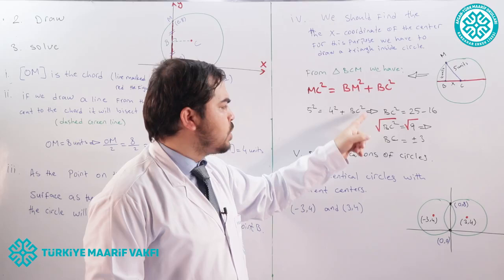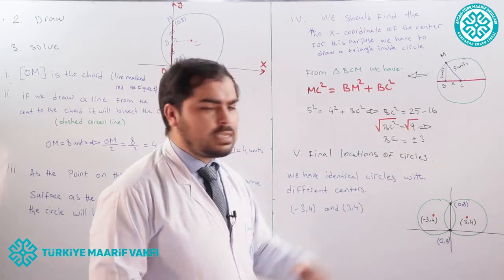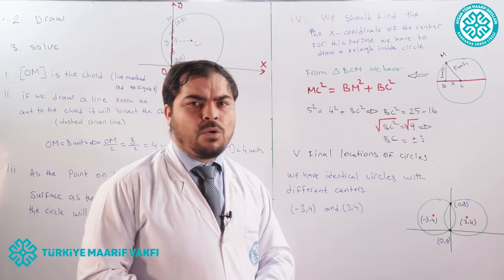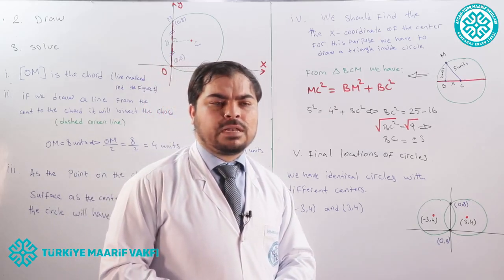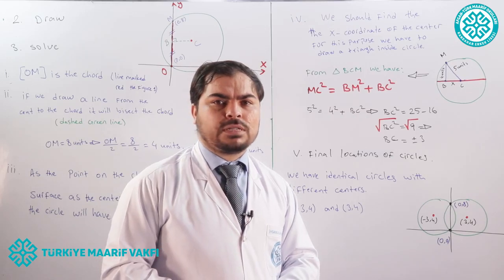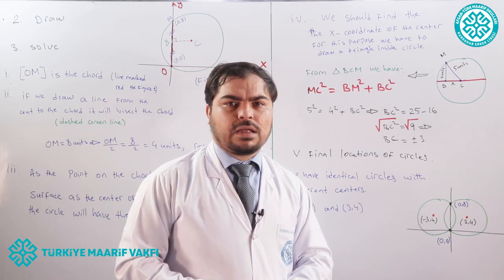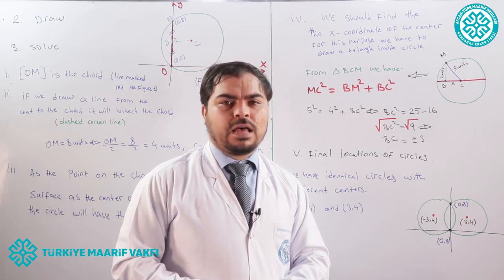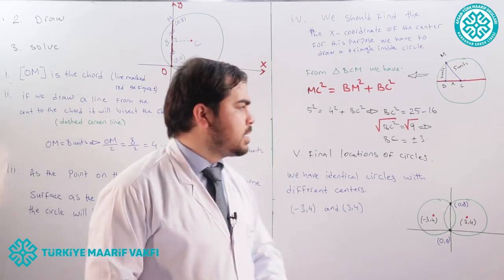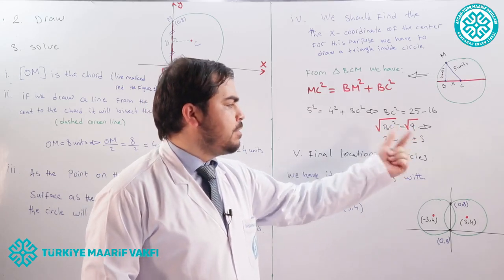If we take the square root of both sides, BC is equal to positive and negative 3. Why? Because each positive number has two square roots, positive and negative.